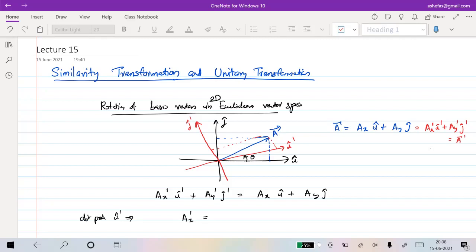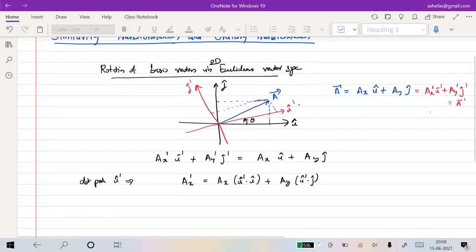That would be equal to Ax i prime dot i plus Ay i prime dot j. So i prime dot i would be the length of i prime times the length of i times the cos of the angle between them.